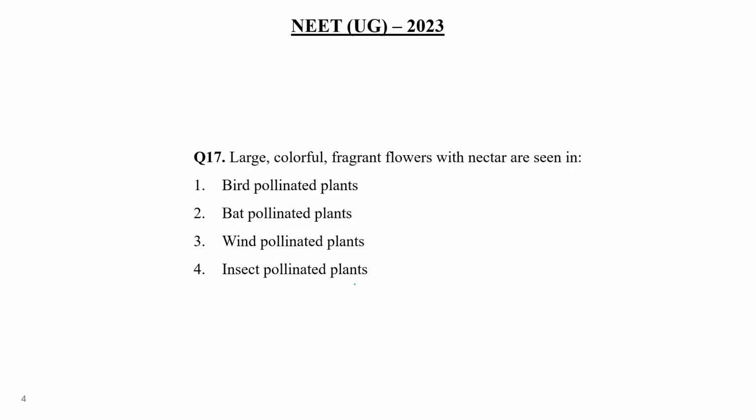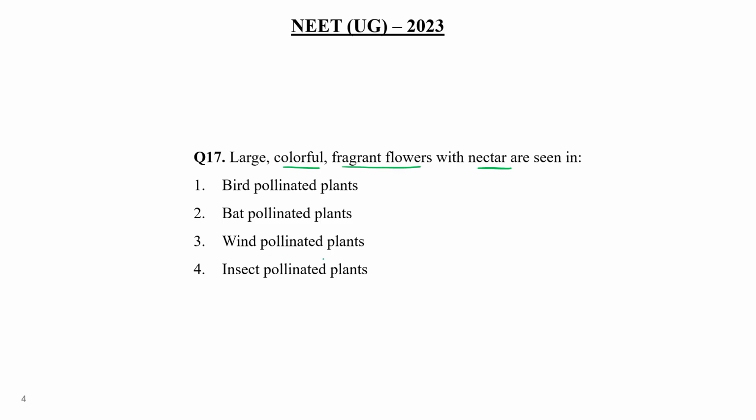Colorful, fragrant flowers with so much nectar are mainly there to attract insects. With the help of insects, they can transfer the pollen grains for fertilization purposes. So insect pollinated plant is the correct answer.